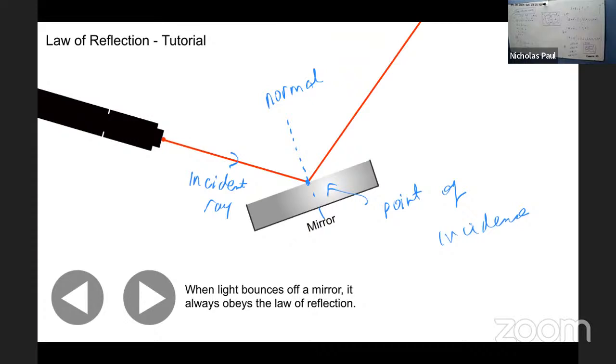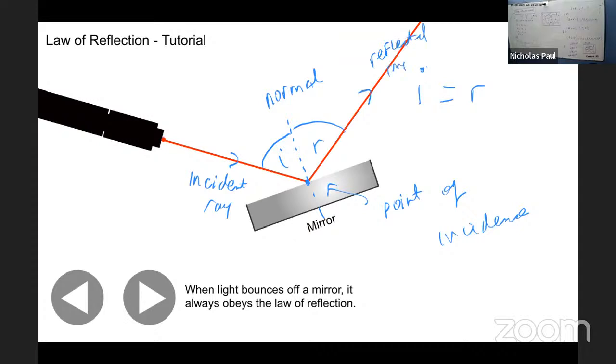Here's the special thing about reflection. See this angle here, which we call the angle of incidence? If you use a protractor on the opposite side, that angle R, both of them are equal. I and R are equal. That is your first law of reflection.